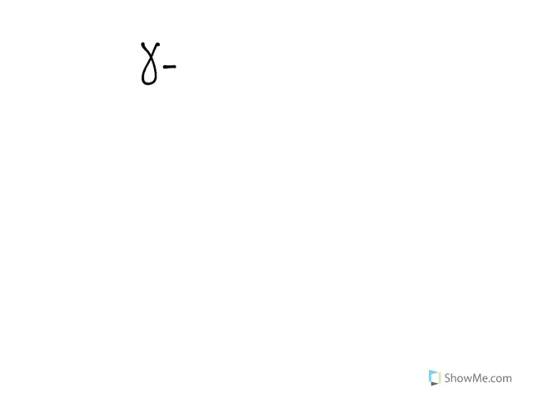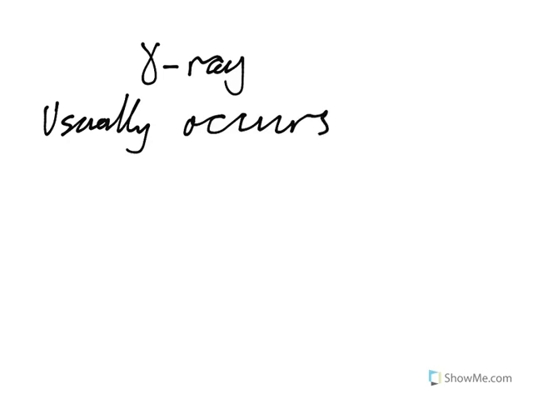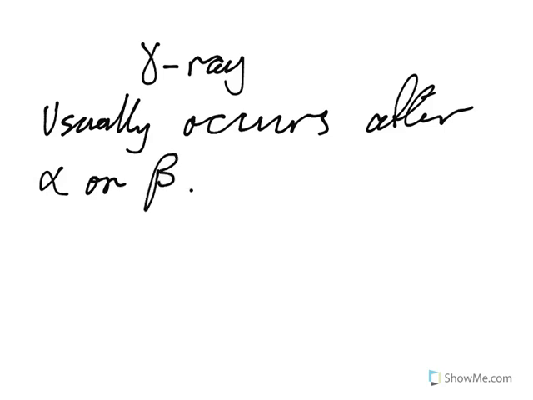Last one, the gamma ray. Gamma ray usually occurs after alpha or beta. It doesn't usually occur by itself.